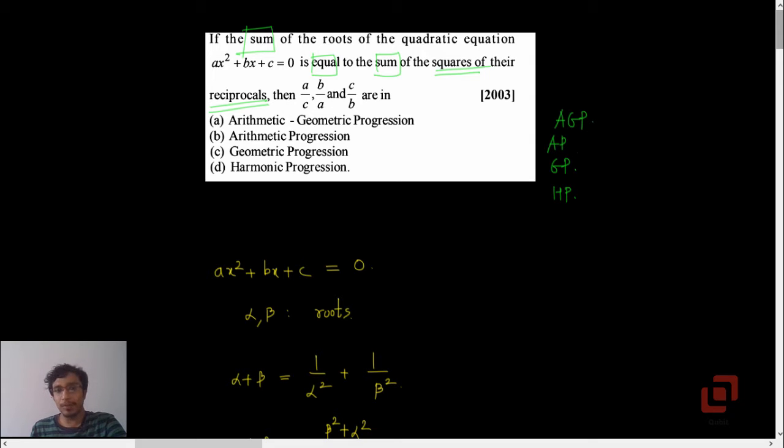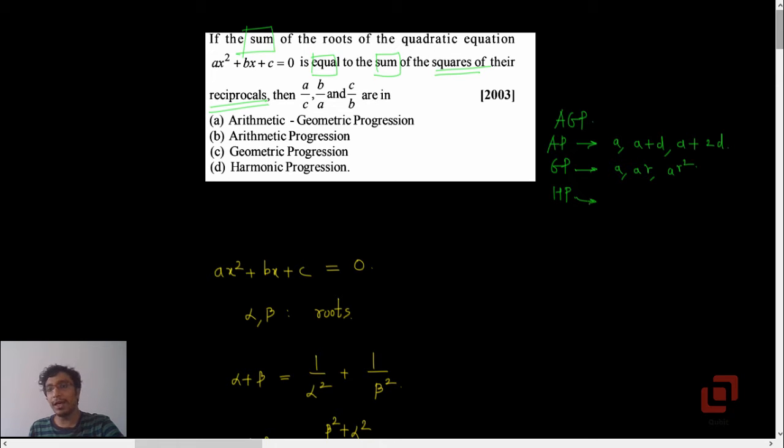So to solve this problem you should first know what arithmetic progression is, what geometric progression is, and what harmonic progression is. In an arithmetic progression we have the difference between two consecutive terms as constant, and in geometric progression we have the ratio as the constant.